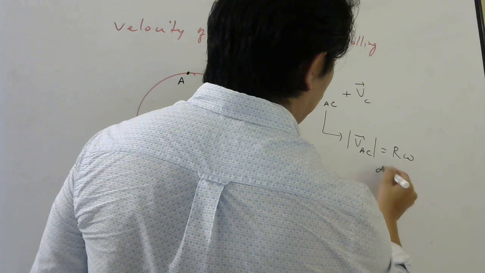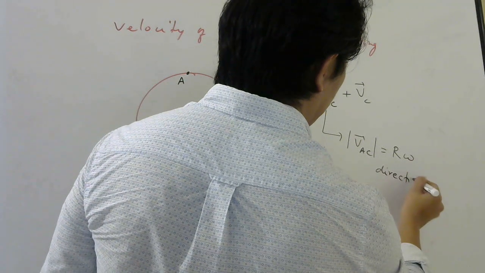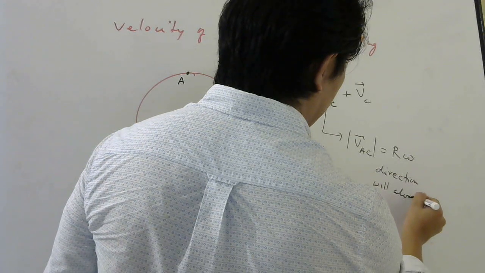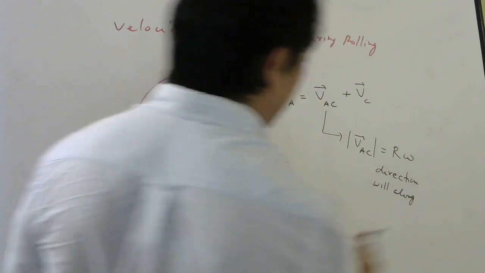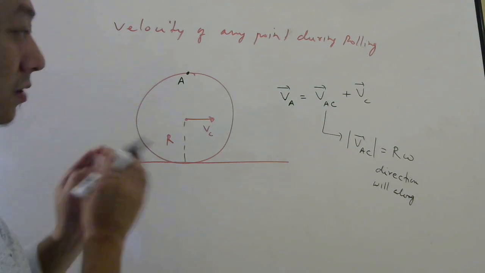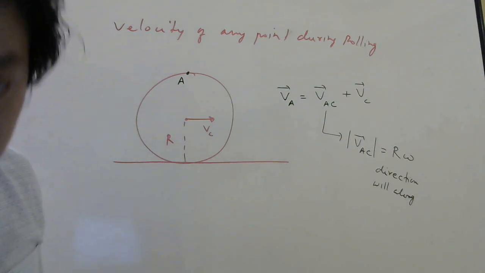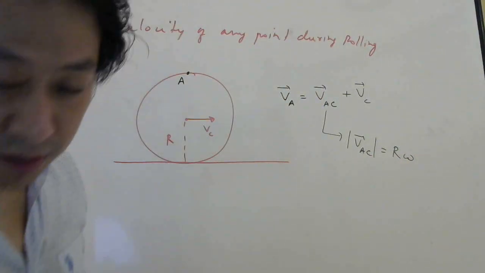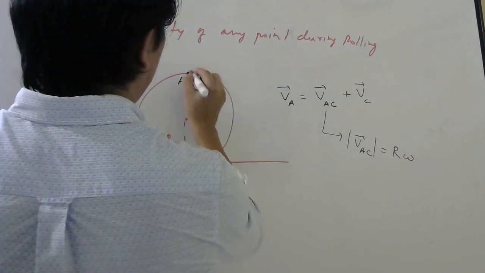So this is always r omega. And the direction will be along the tangent. When I say along the tangent, it is along the tangent to the circle from the center of mass frame. So let me just write it right now like this. Now for this point, where will this vector be? It will be here.